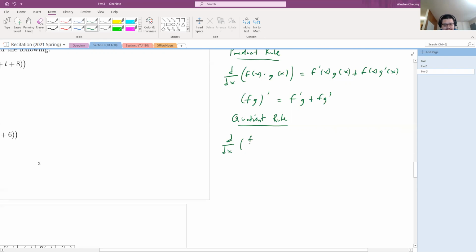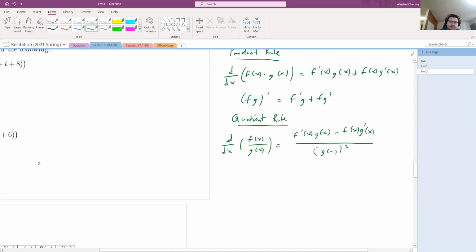So I'll write it out in full. The derivative of this quotient is f prime g minus f g prime over g squared.